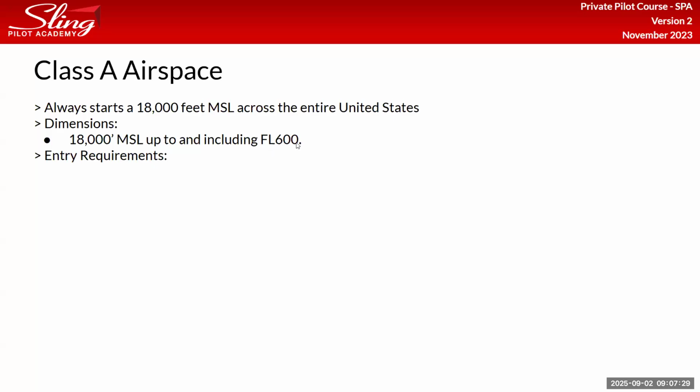So flight level 600, 60,000, up to and including. This is going to be important as we continue through this, talking about dimensions. Up to and including is going to be important too. Some of them are up to and not including. So we'll keep going over that, but 18,000 to 60,000.